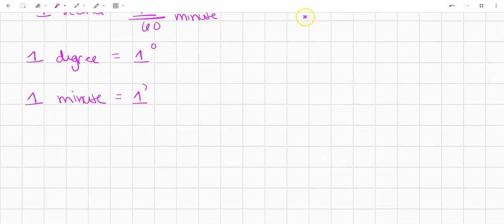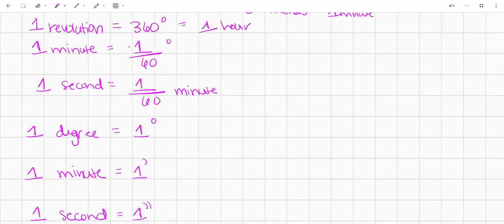And also 1 second would be written as 1, and then you have 2 apostrophes, sorry, not commas, at the top.